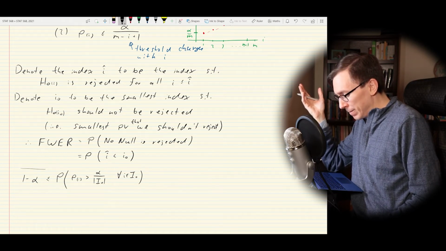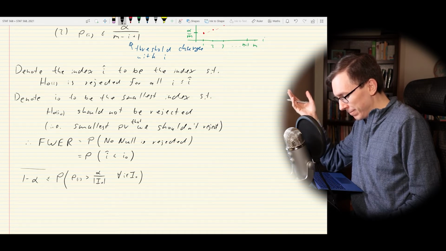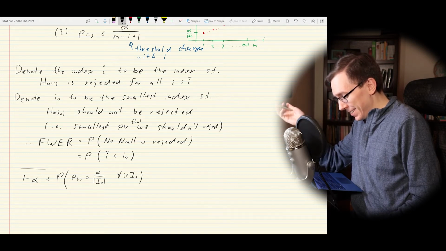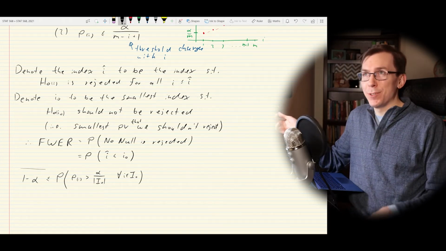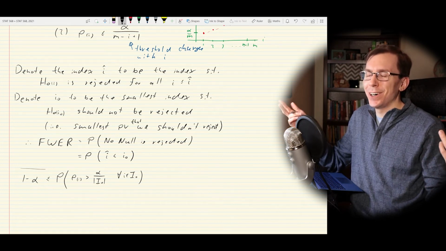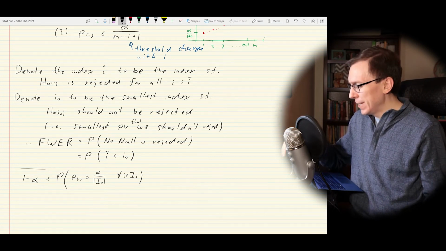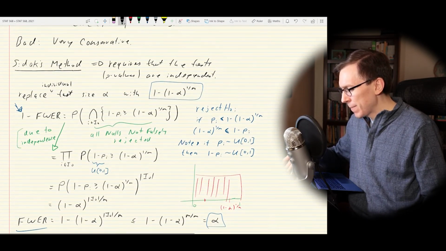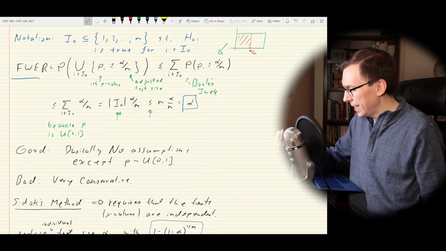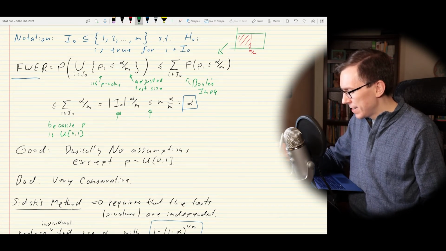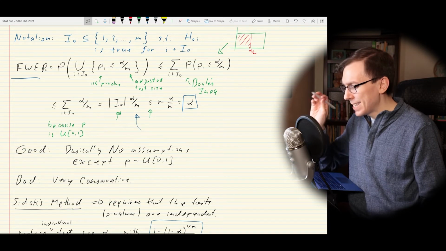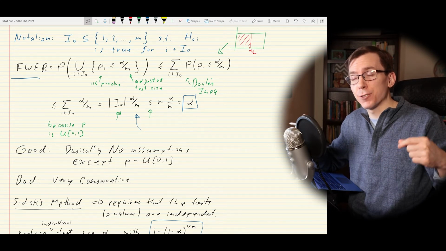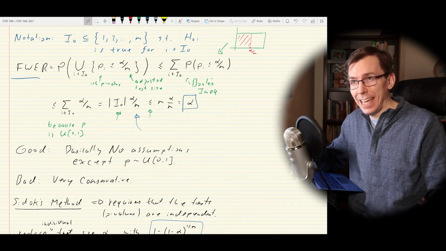Okay, so why is that true? Well, I naught is the number of nulls, right? So basically I'm doing an optimal Bonferroni correction, because if we pause for a second and go back up to Bonferroni's method, it said I should divide by m, but the best thing I could do would be to divide by the number of true null hypotheses, which is not m.